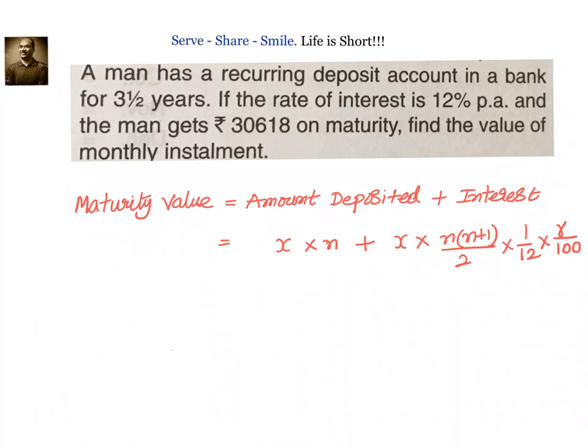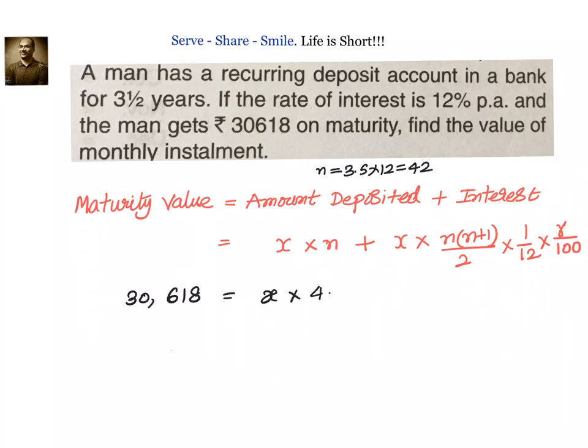Maturity value is given as 30,618. Let's write that down. So can we go ahead and say 30,618 is equal to X, which we don't know, we have to calculate, into N, which we know, 3.5 years, that means n equal to 3.5 into 12, which is equal to 42 months.